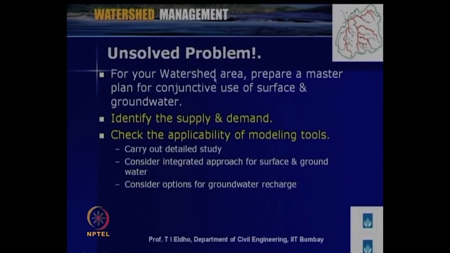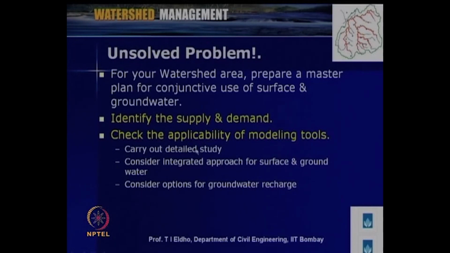For your watershed area, you can prepare a master plan for conjunctive use by considering the surface water and groundwater. You can assess that particular area by considering the irrigation demand and other demands, what the demand is and how much is the supply from various sources like surface water sources or groundwater sources, and then you can develop an appropriate model by considering the groundwater and surface water.